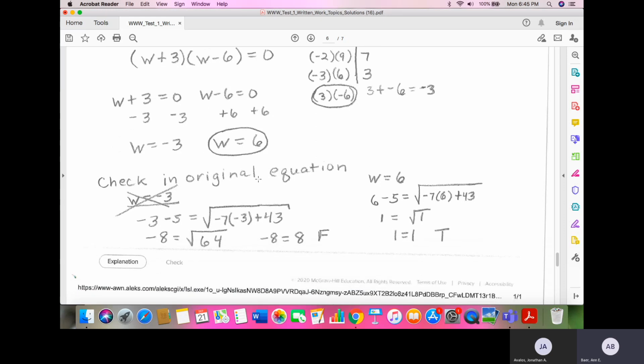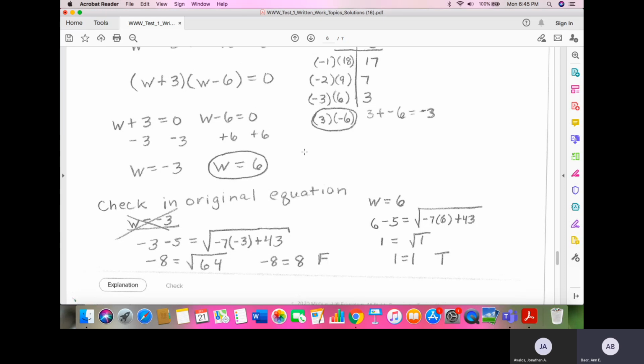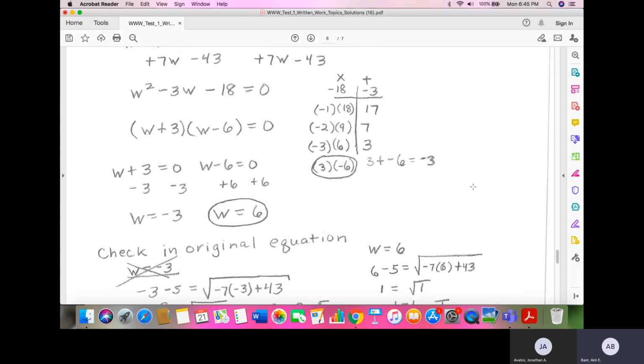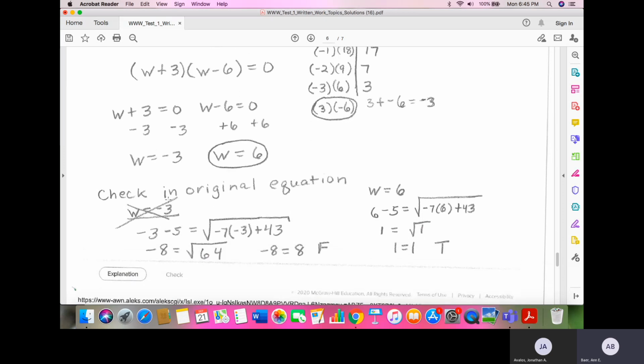Now, very important when you're talking about square root equations, the act of squaring sometimes introduces an extra solution that is not an actual solution, so you want to check in the original equation. You want to check both of these in the original equation, and this will be required for full credit on this problem. So we want to first check the negative 3.